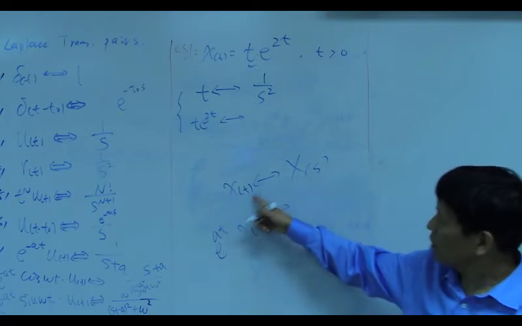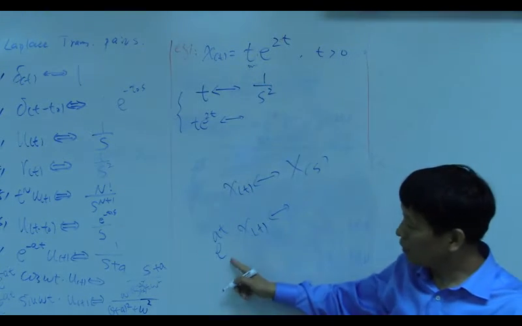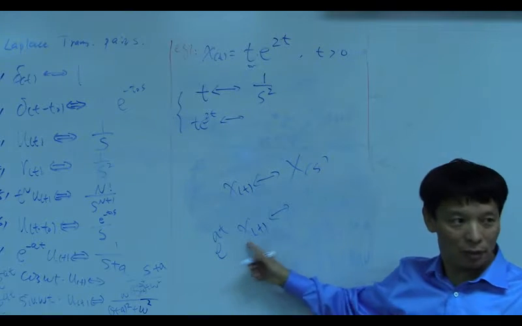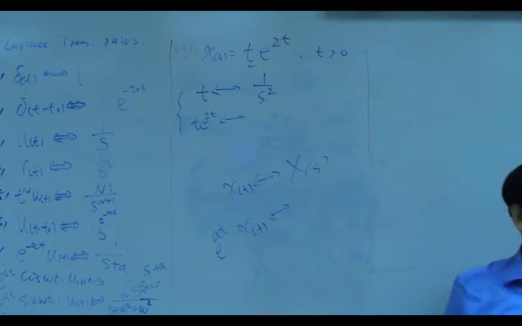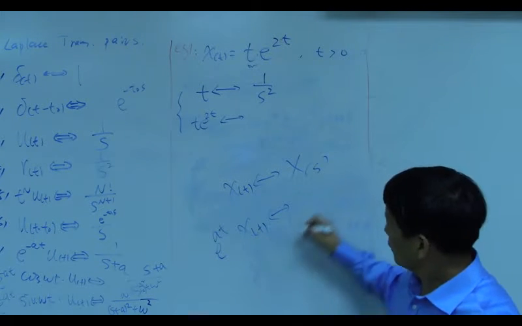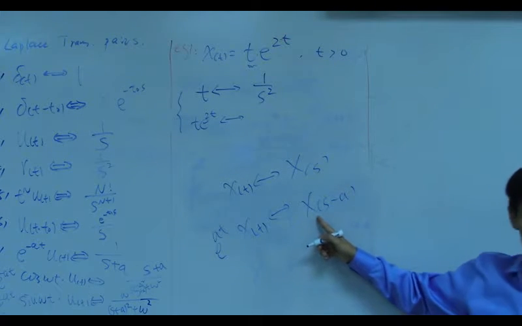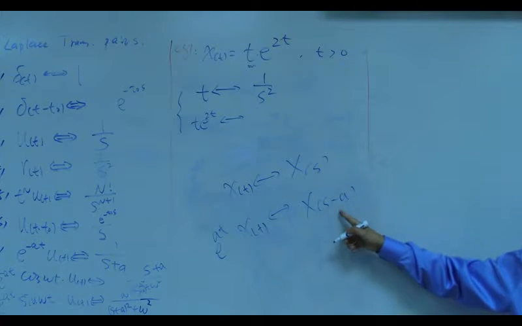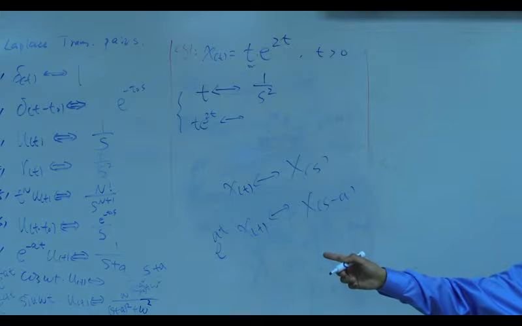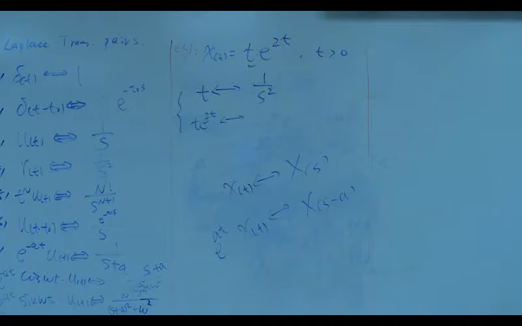If we know x(t), get this, like here, we already know that. How about this one times e to the at? What is this? The properties. We need s minus a, right? We use the same form, but we replace the s with s minus a. Yes or no?